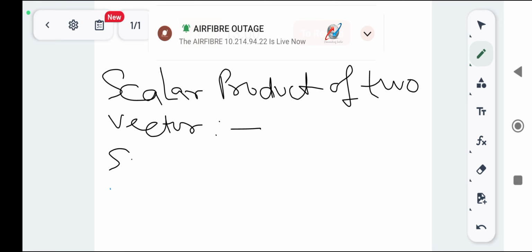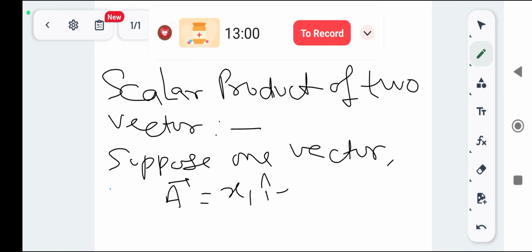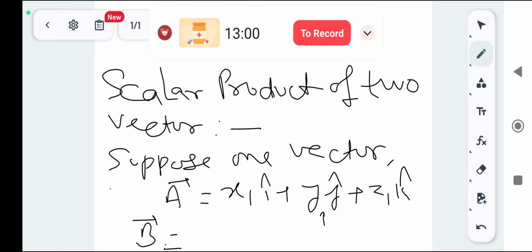Suppose one vector A equal to x1i plus y1j plus z1k, and B vector is equal to x2i plus y2j plus z2k. Then what happened? Then A dot B, the scalar product, is represented by what?